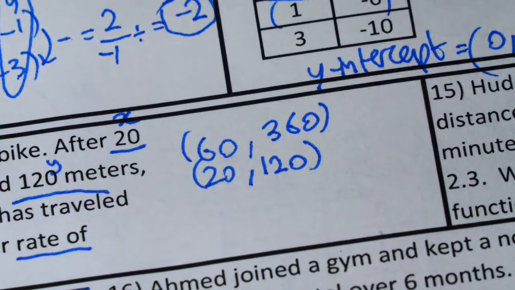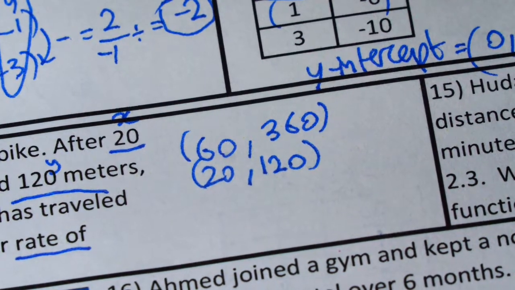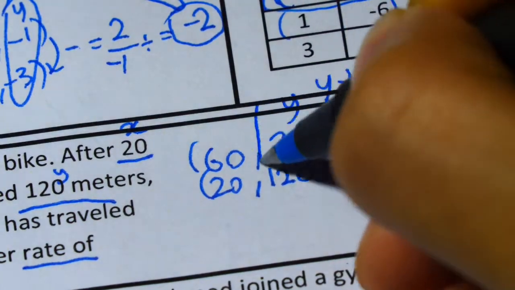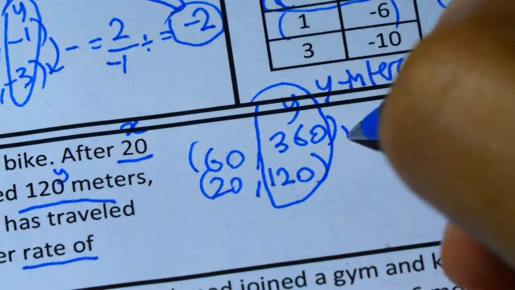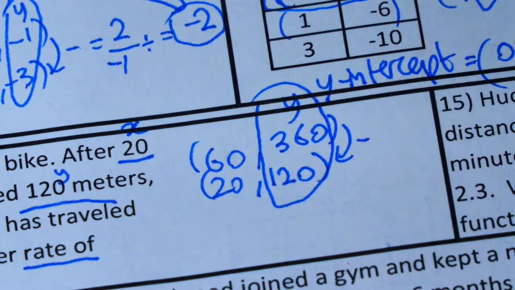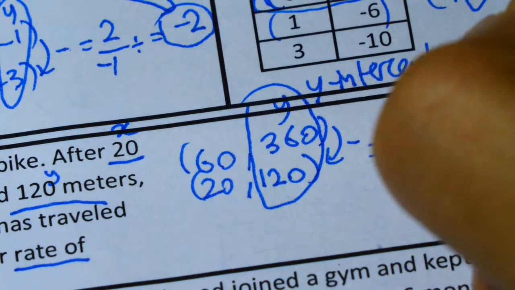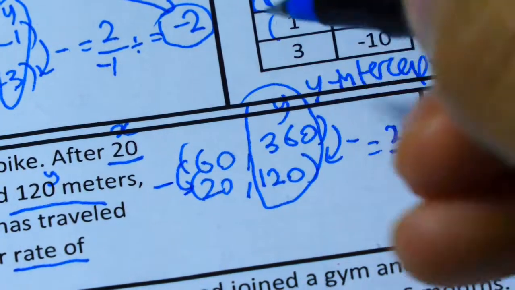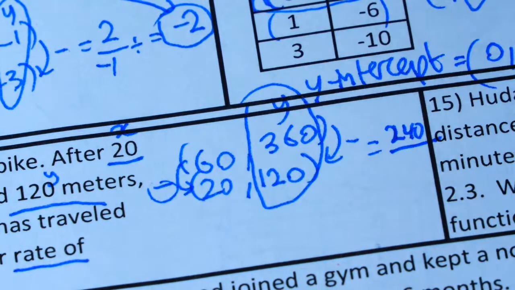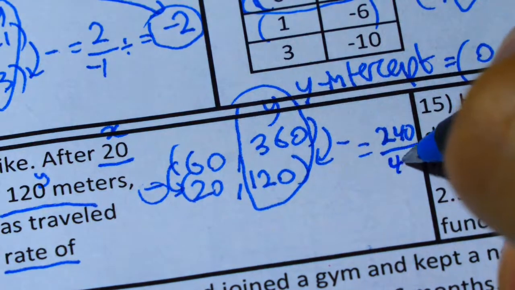Okay, now we can find our rate of change because we have 2 points. So the change in y first, 360 minus 120 equals 240 over 60 minus 20, 40.